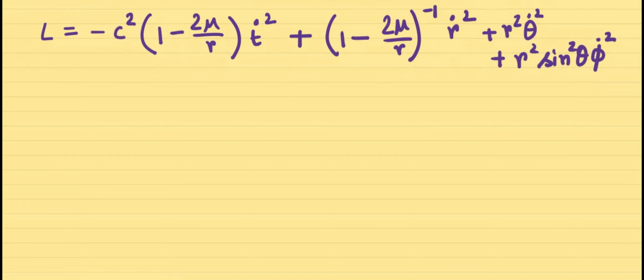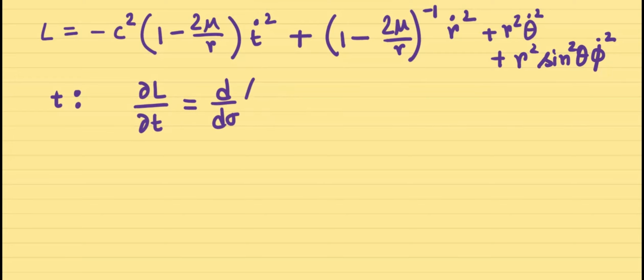So first let us choose the coordinate t, and notice that none of the metric coefficients are actually an explicit function of t. So on the left hand side we have the derivative of this Lagrangian with respect to t. On the other side we have d d sigma acting on the partial derivative of the Lagrangian with respect to t dot.